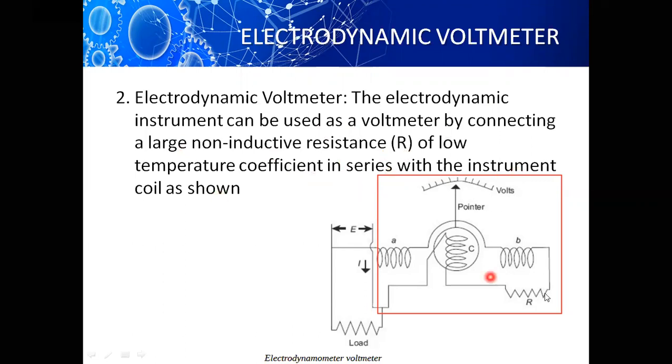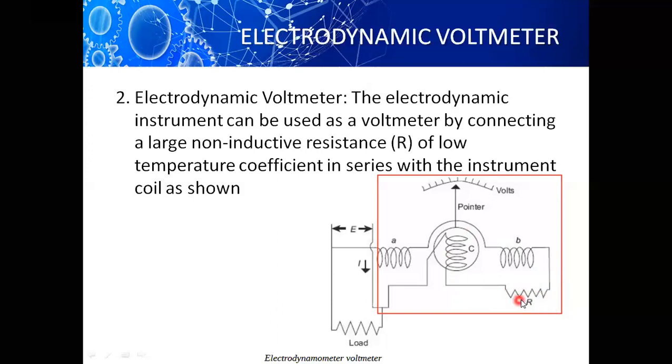Here, fixed coil A, fixed coil B, and moving coil C are all connected in series, but we have another element connected in series with these coils, that is R. This R is a non-inductive resistance and it should have a high value. So this is a large resistance.